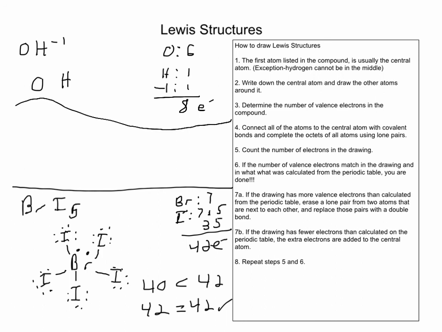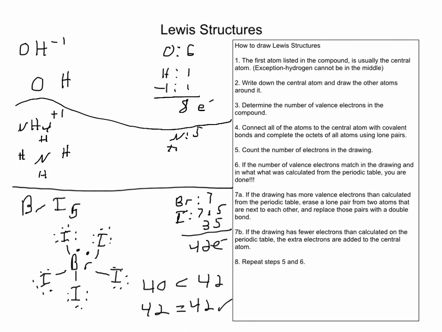If we have an ion with a positive charge, such as the ammonium ion, so that's N in the middle with H's around it, we figure out the total number of valence electrons. Nitrogen has 5.